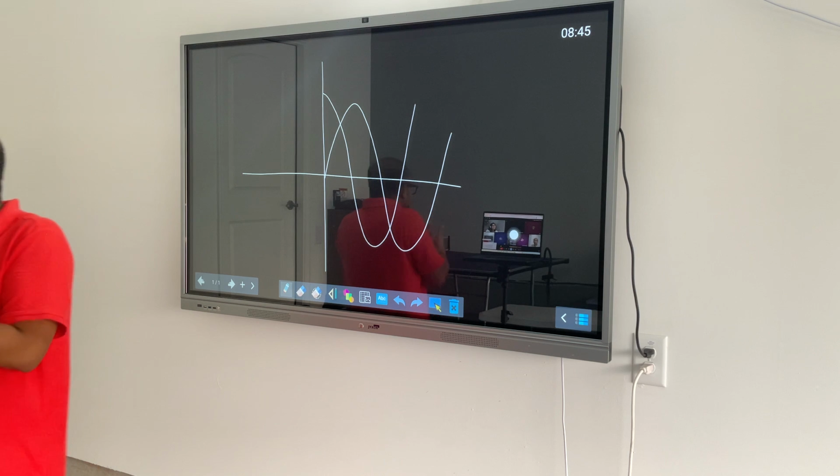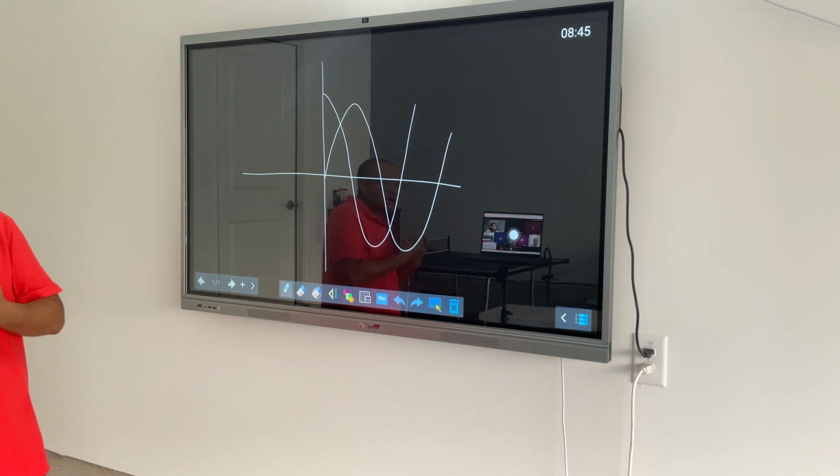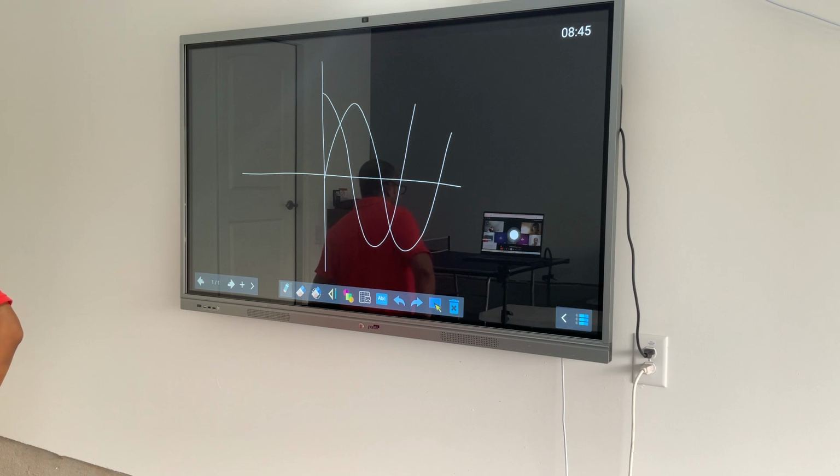My question to you is, what are the angles at which the sine and cosine curve will intersect each other? Let's see how much you guys trust yourself. And you know it, trust me, when I explain this to you guys, you will acknowledge that yes, you knew it actually.